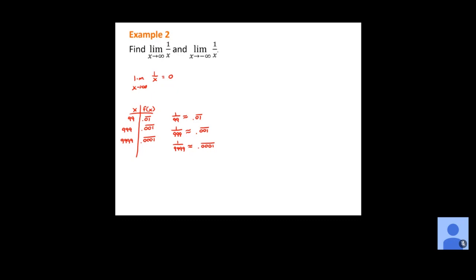Okay, now we want to do the same thing with negative infinity. So we're looking for the limit as x approaches negative infinity of our function, 1 over x. So if we do this one now, again, I'm going to create a table of values.